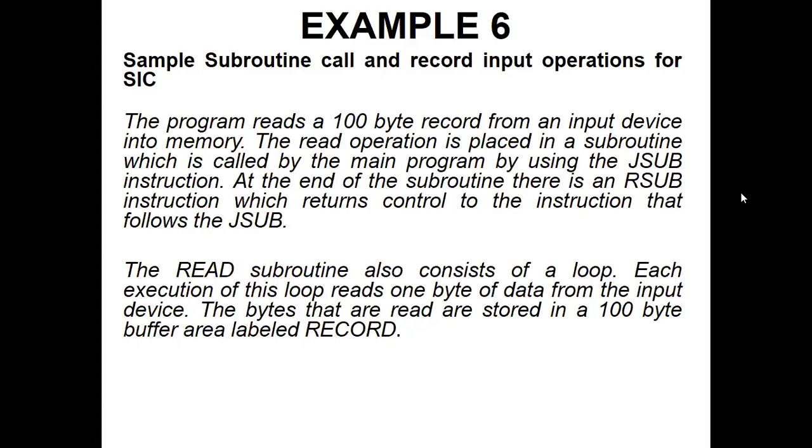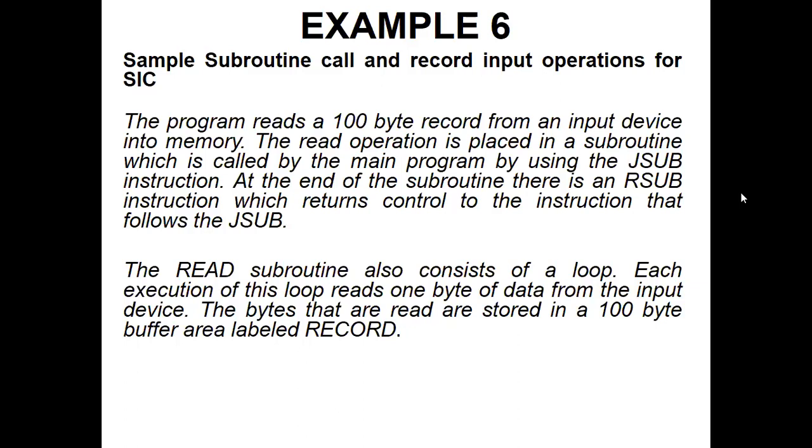But the XE is a version where we can use registers, where we can use immediate data, and so on. Now, going back to the problem, the example we are going to look at is an example which shows how you call a subroutine.